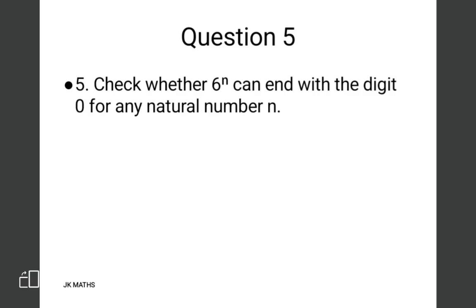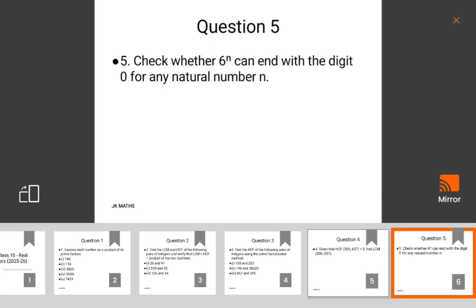But can 6 power n be divided by 5? 6 square is 36, 6 cube is 216, no. 6 power n cannot be divided by 5. So it's not possible that the prime factorization of 6 power n would contain the prime factor 5. If it has to end with 0, the prime factorization should contain at least 5. So this is not possible for 6 power n.